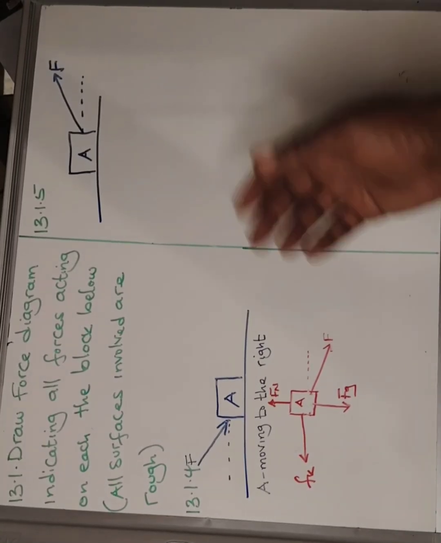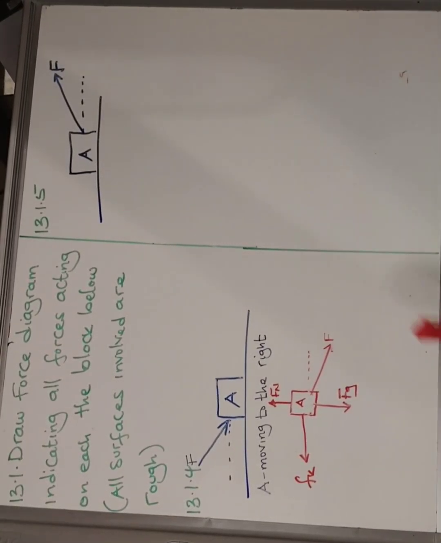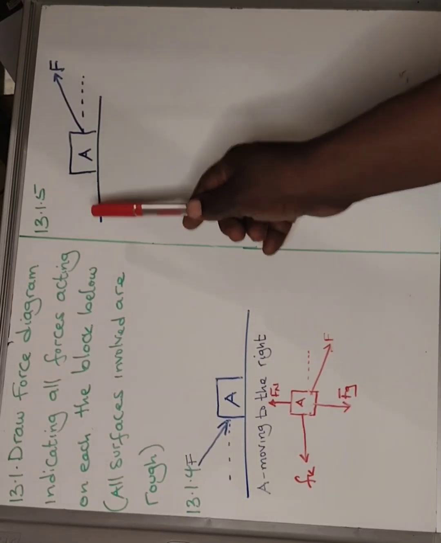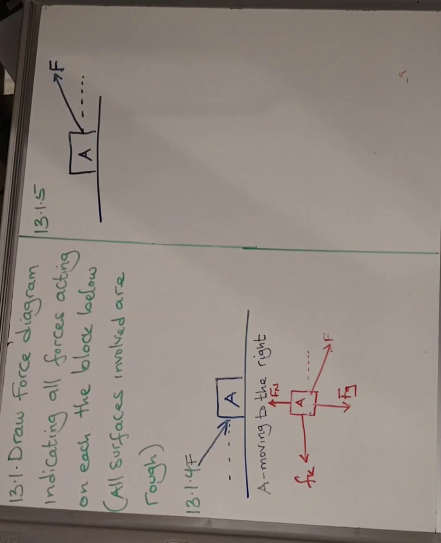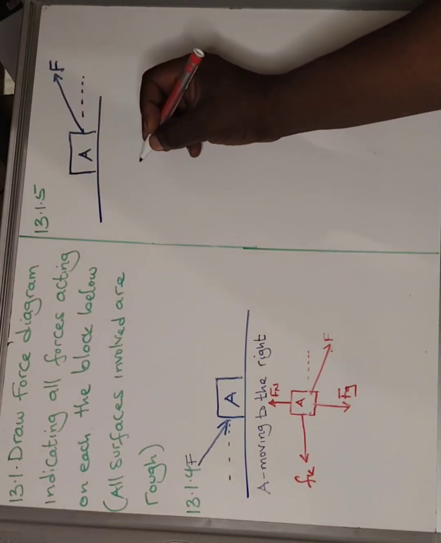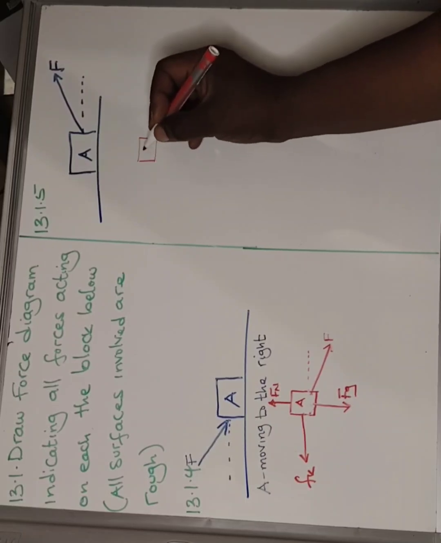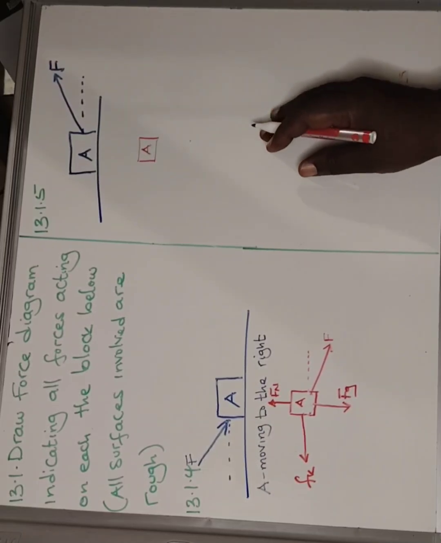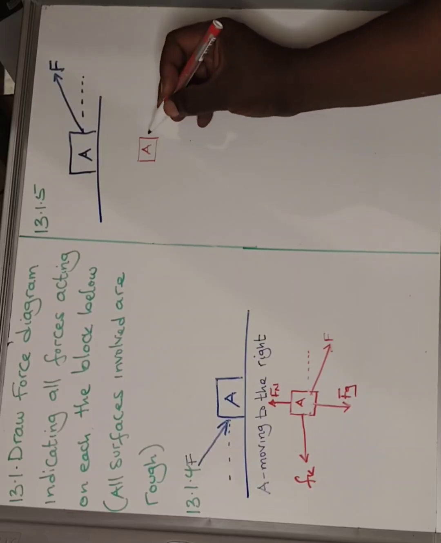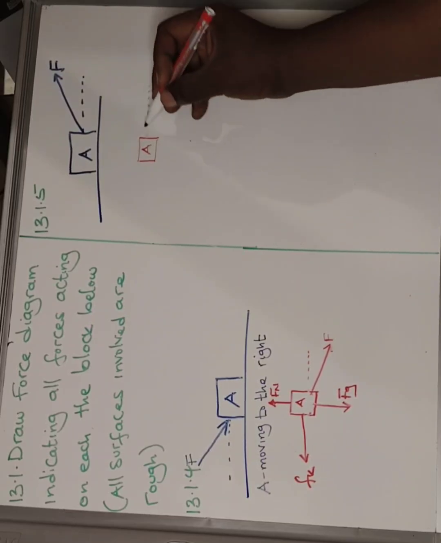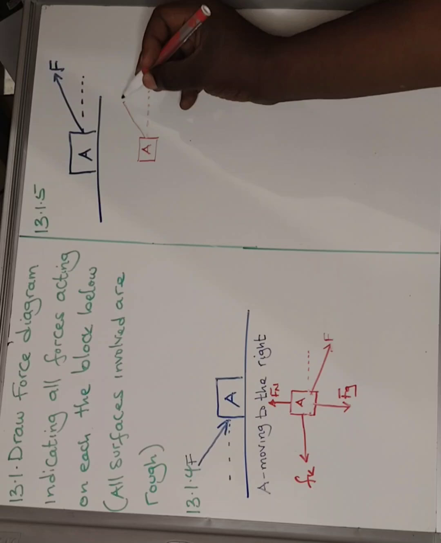Then comes this question. What are we supposed to do? Draw a force diagram indicating all the forces on A. So what do we have here? You're having A, and what do we have on A? We have our applied force.